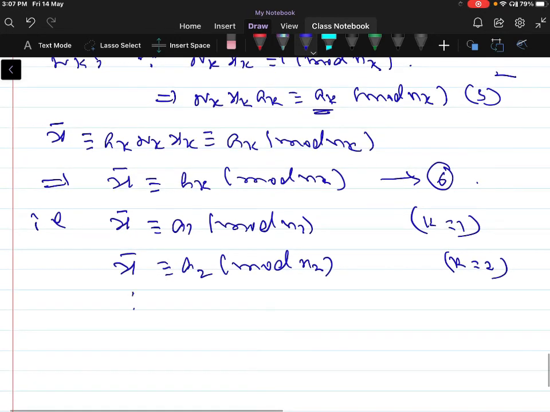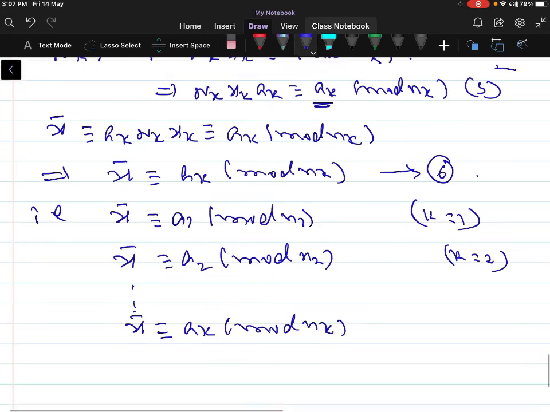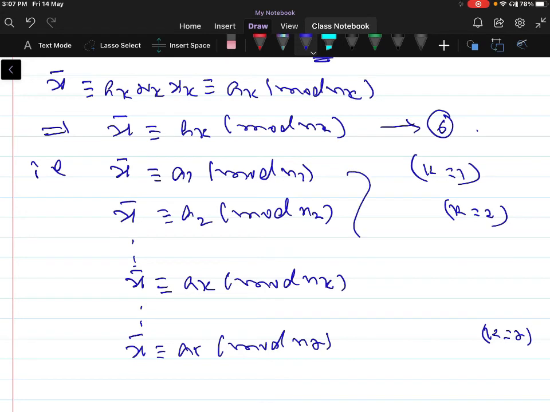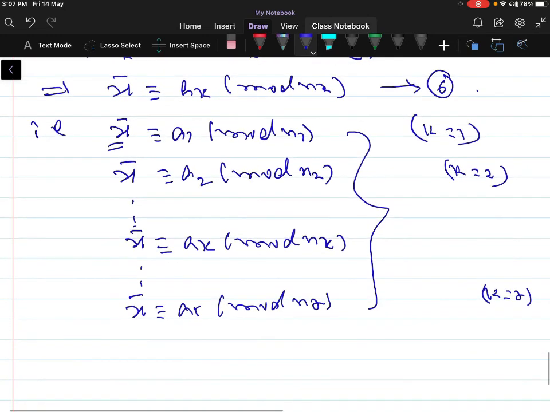Similarly x bar is congruent to ak modulo nk for k, and so on. x bar is congruent to ar modulo nr for k equal to r. So these are a system of linear congruences where x bar is the solution of the simultaneous linear congruence.